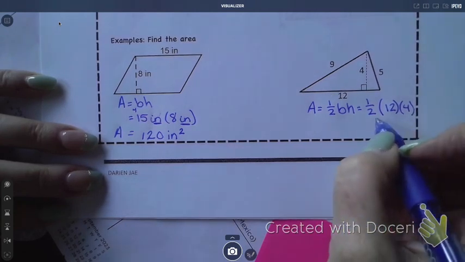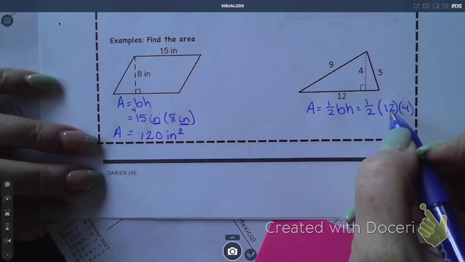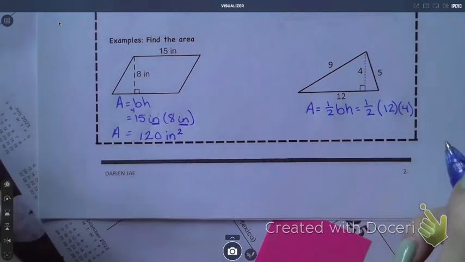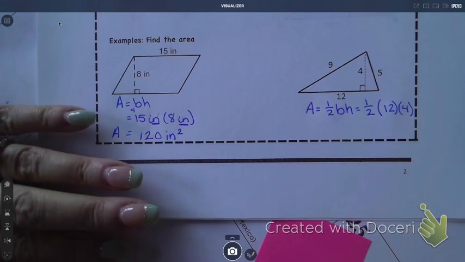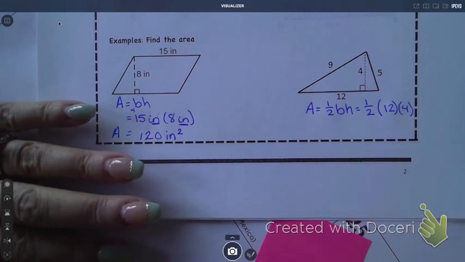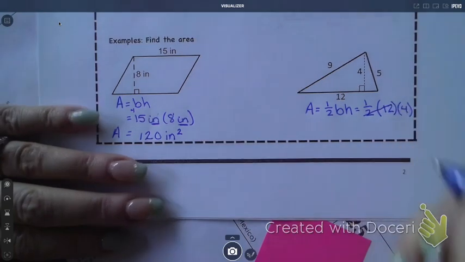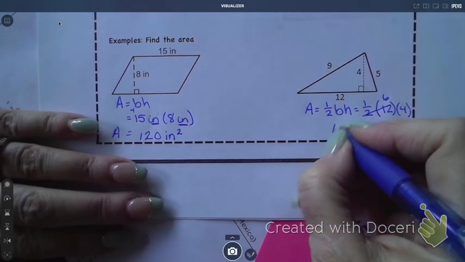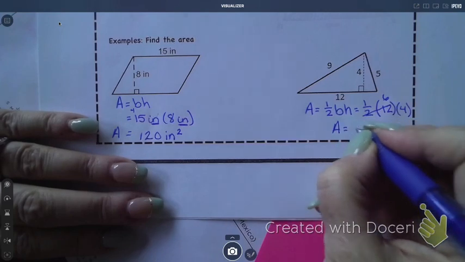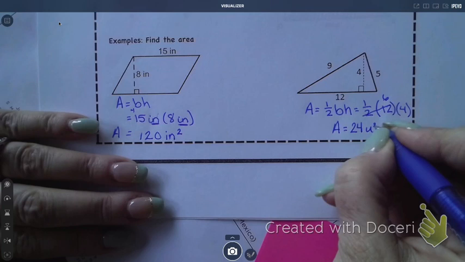So I sometimes take half of the bigger number. Sometimes I don't. It depends what the number is. So do you want to take half of 12 or do you want to take half of 4? You said 4? Half of 4. Okay, so half of 12, so 6 times 4 is 24. Now this one doesn't have any units, so I have to put units squared.